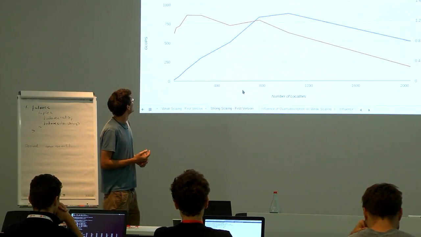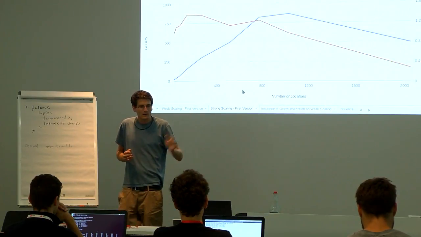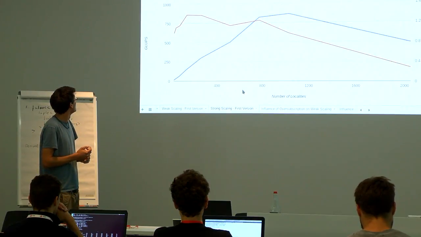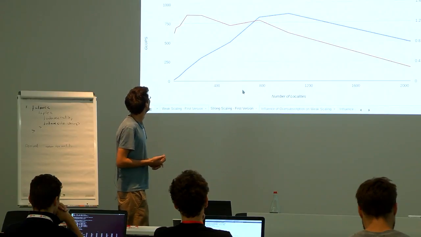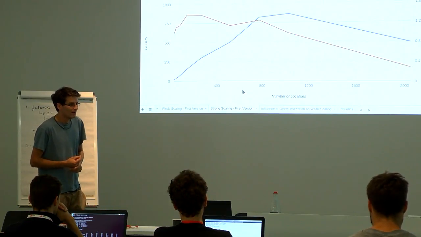You see that you have an efficiency of a little bit over 100% here. The reason for that is, actually, I don't know why. It seems a little odd, right?